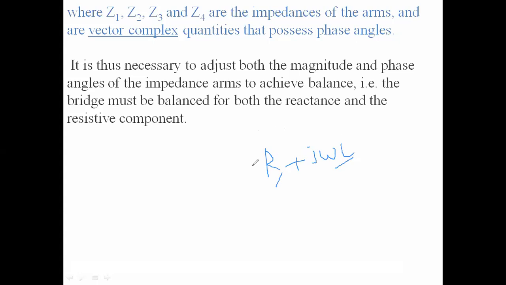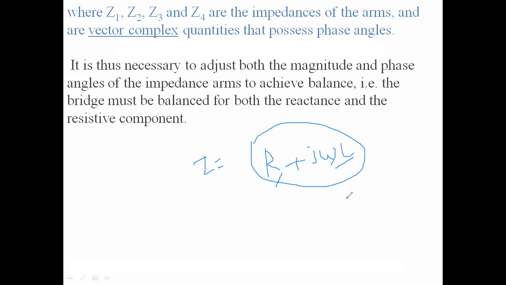So this is a complex representation of an impedance. That is Z. Z is equal to R plus j omega L. R is the resistive component and omega L is the inductive reactive component. This reactive component depends upon omega.